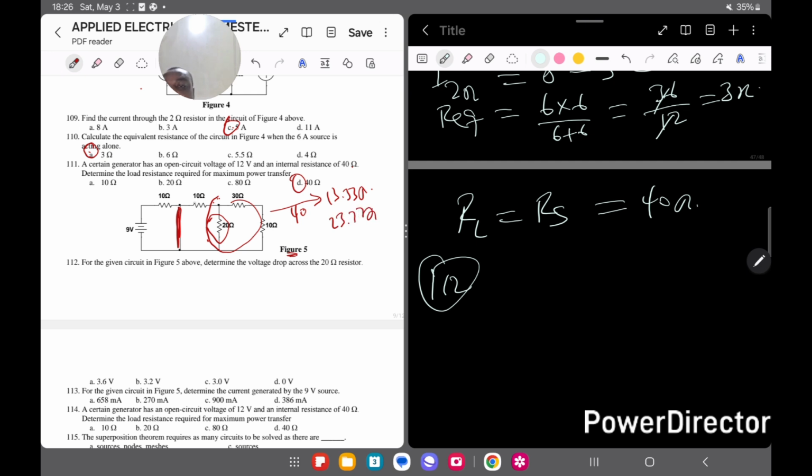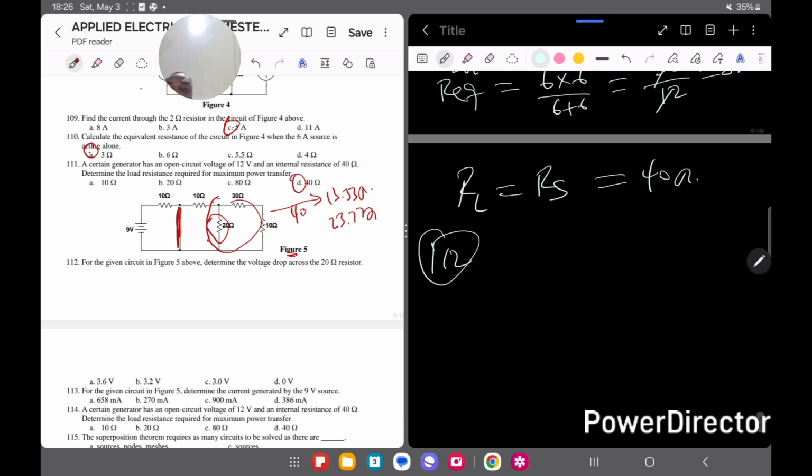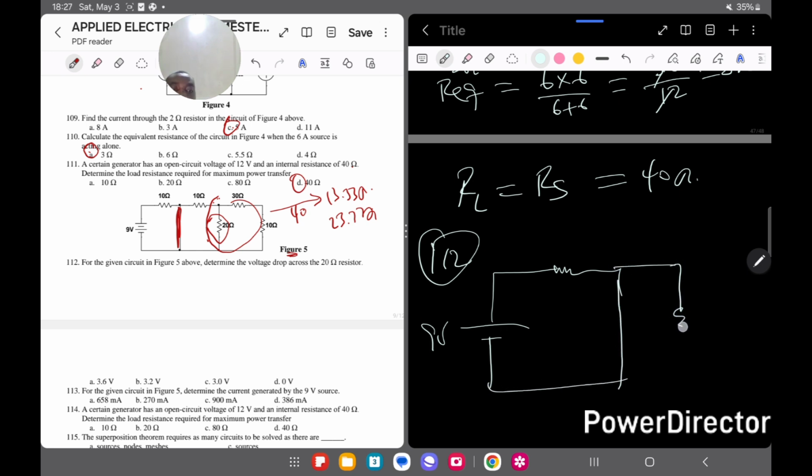Then after that, you are just going to have this circuit diagram. Meaning I now have 9 volts, another resistor, then I have my wire here in parallel with 26.33 ohms.